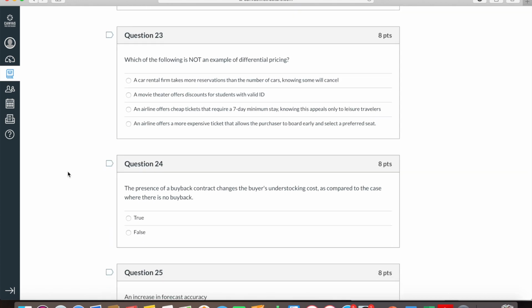Question 23. Which of the following is not an example of differential pricing? So the trick here is there's differential pricing and there's dynamic pricing. Differential pricing is essentially, here's a price for students, here's a price for firefighters, here's a price for cops, here's a price for senior citizens, here's a price for adults from the age of 18 to 64 years old.